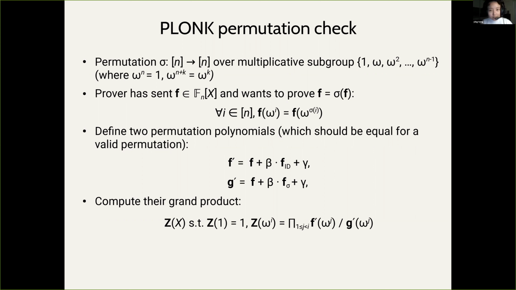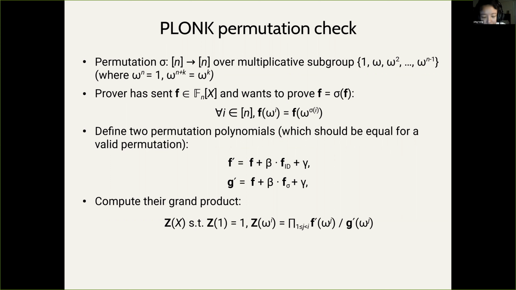So we're in this subgroup. We're evaluating f over 1, omega, all the way to omega to the n minus 1. And the prover wants to prove that some f of omega to the i is equal to the permuted one, so f of omega to the sigma i.